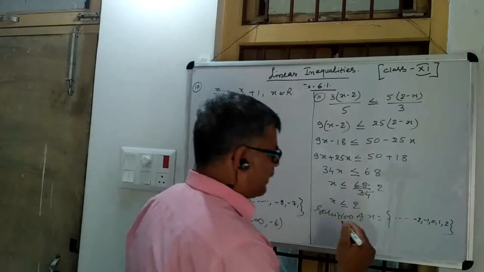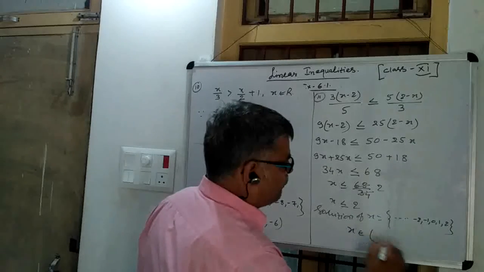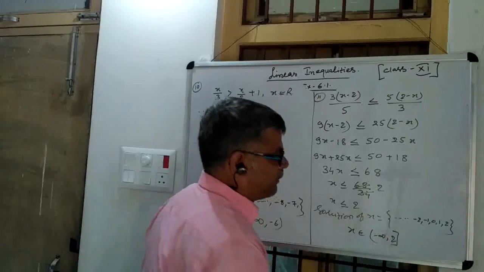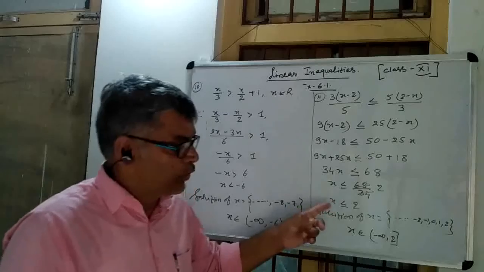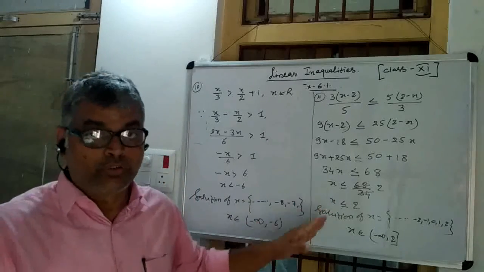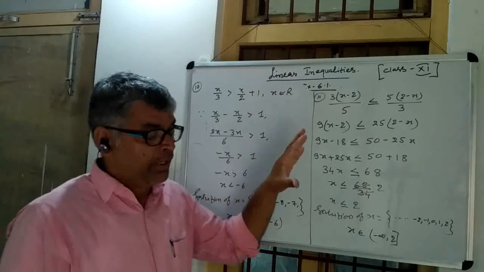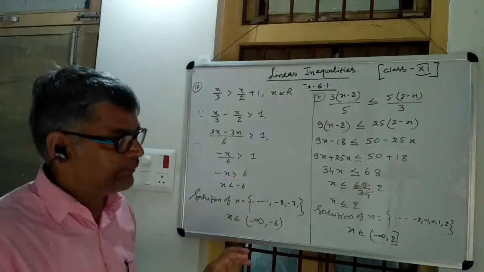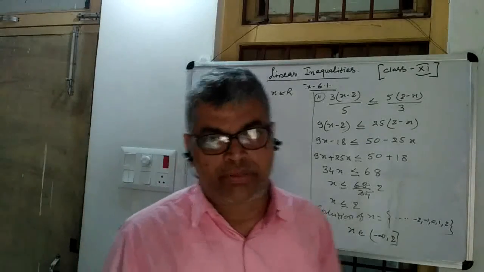Or in interval form you can write x belongs to open interval minus infinity to closed interval 2. Right side closed interval because 2 is also included in this solution. So in this way you can solve the questions of inequality. So this is the method, and I hope students all of you have understood it.